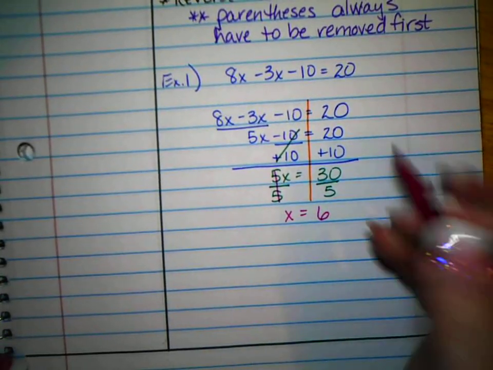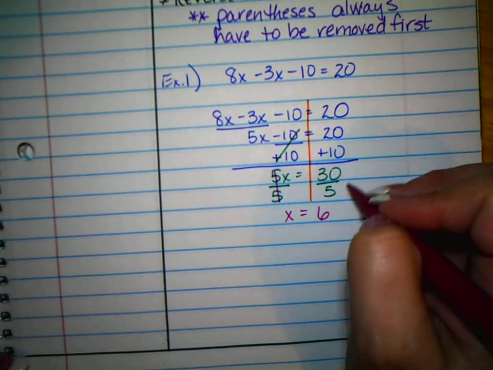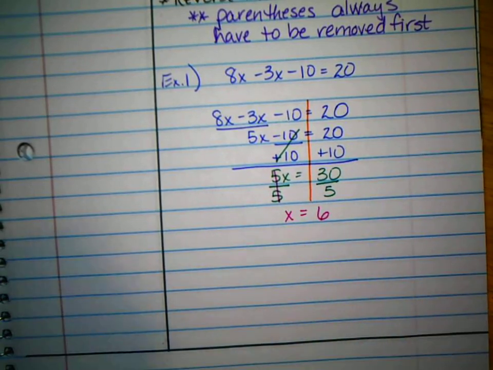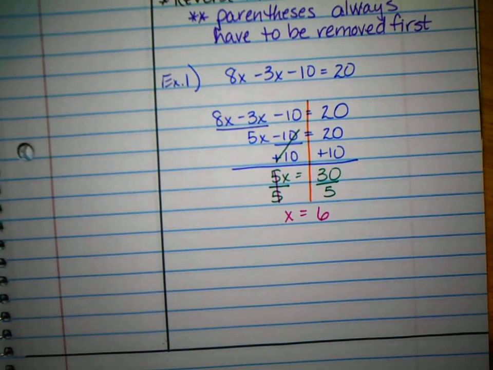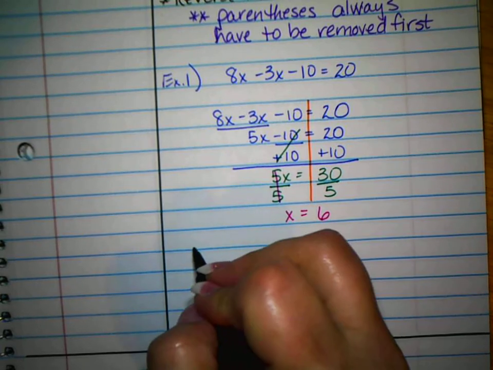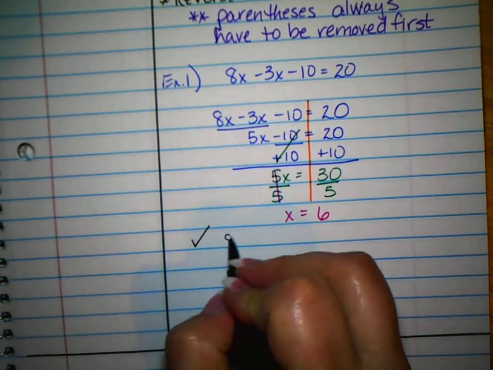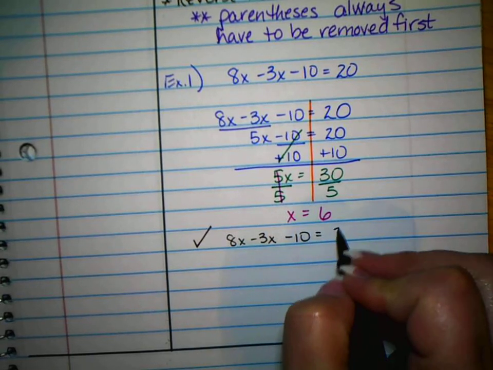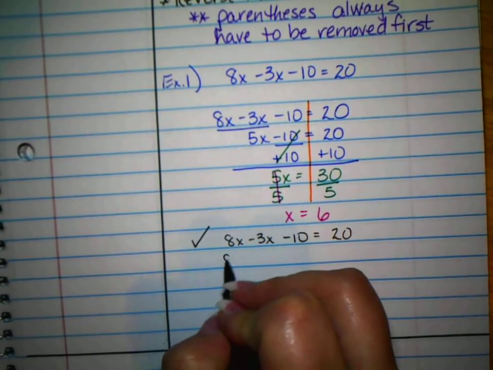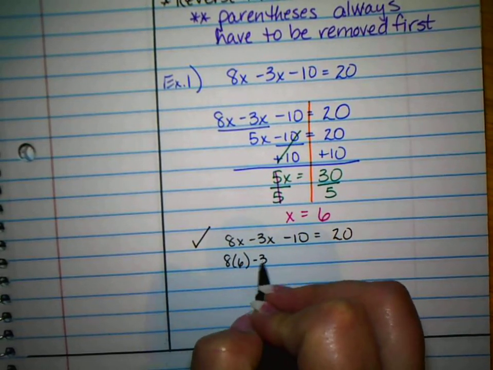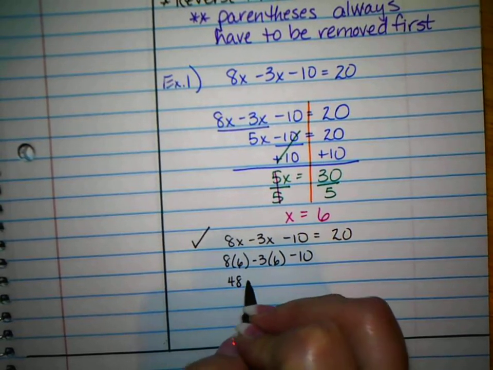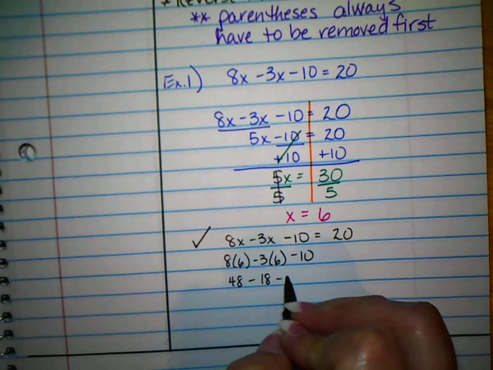Again, a simple operation like this, you can do this part in the calculator, you just can't do the whole equation. And if I think 6 is my answer, I need to check it. Again, go back to the original equation. Now substitute in. That's 48 minus 18 minus 10.